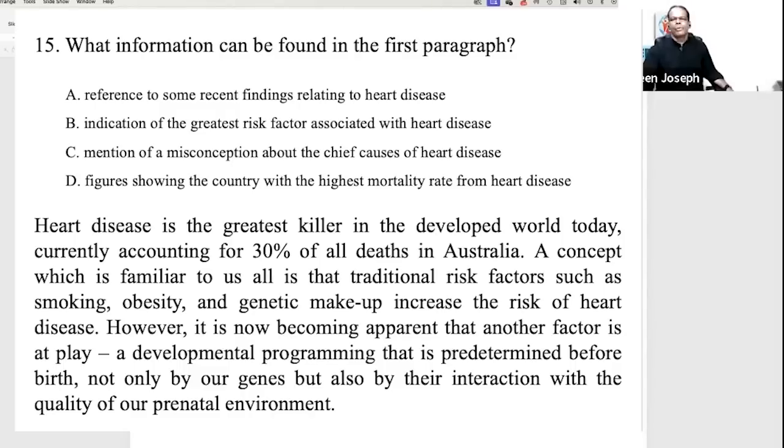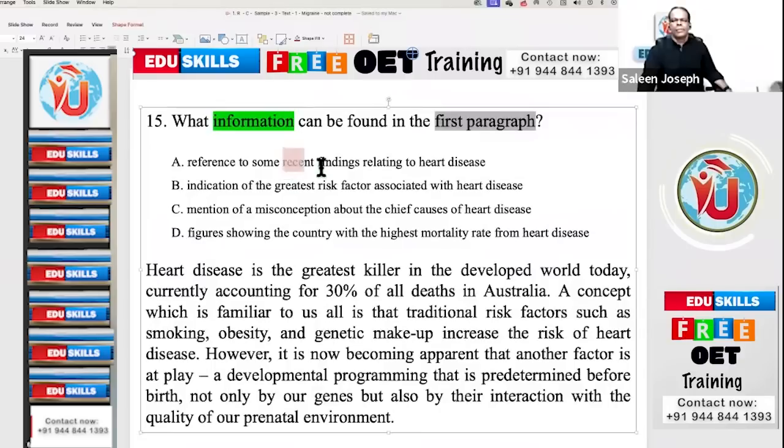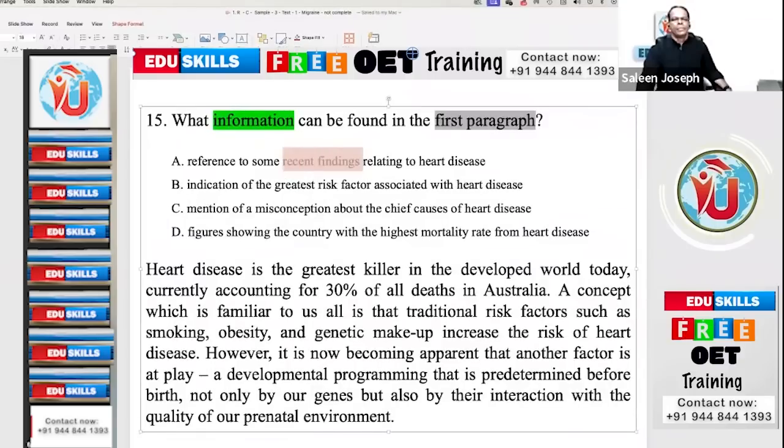15th question. What information can be found in the first paragraph? Tell me the heading words, shout out and type in. Option A, reference to some recent findings relating to heart disease. What is the heading word? Recent findings. Option B, indication of the greatest risk factor associated with heart disease.